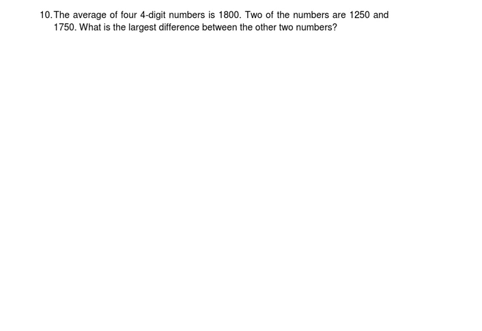The average of four digit numbers. Okay, so you have 4 numbers, okay? There's 4 digits. So 1, 2, 3, 4 digit numbers, and you got 4 sets. Yeah. So you got 4 sets.